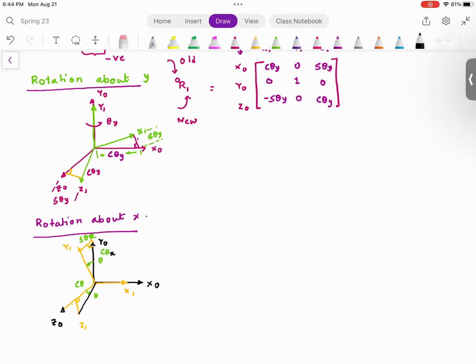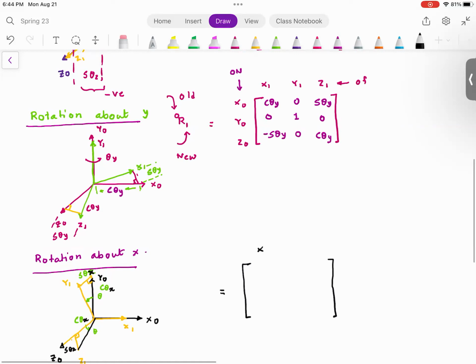So cosine theta x, cosine theta x, sine theta x, and sine theta x. So again, if you look at it, projection of new x1, y1, z1 on old x0, y0, z0.